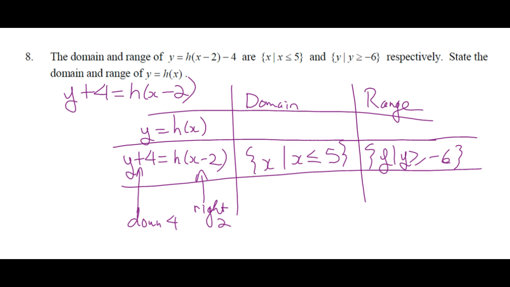So, this says, I started with some original range which was moved down 4 and became this. Like this is the range after we moved down 4, so where did we start?